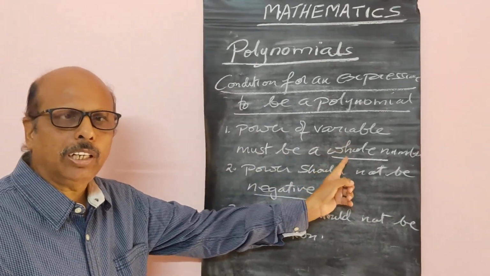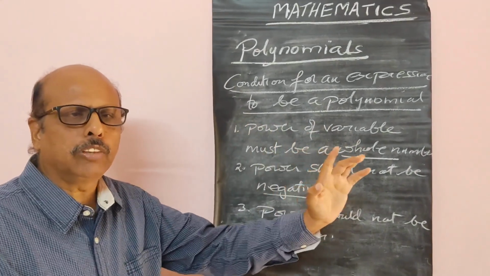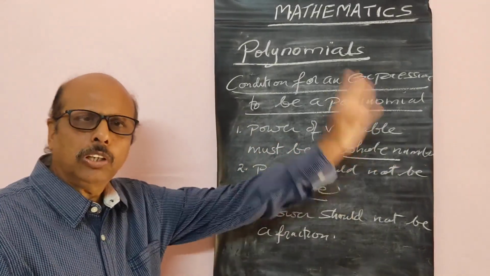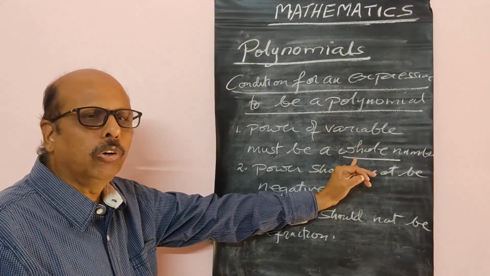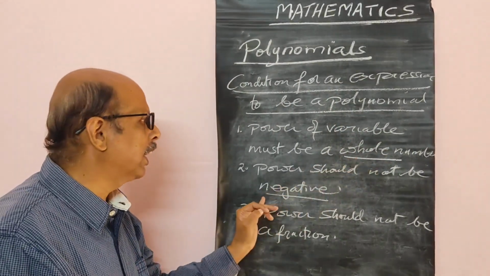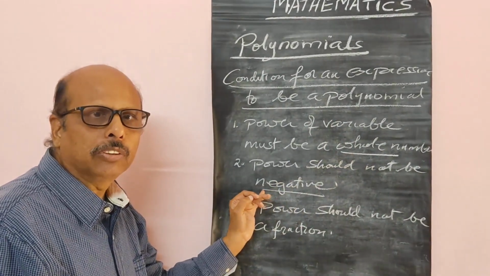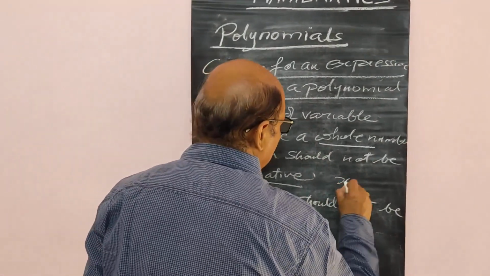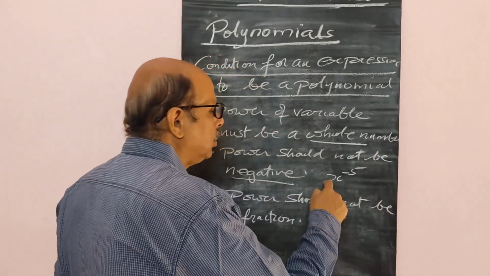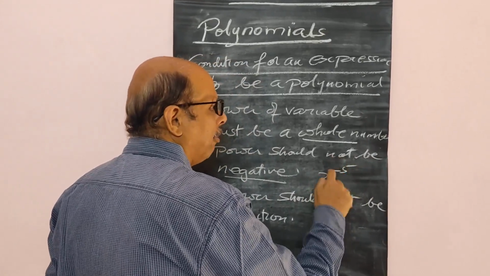Power should be a whole number. What is a whole number? It starts from 0, 1, 2, 3, 4. It can be from 0 to any infinite number. It is to be the whole number only. You should not take an integer, negative values. Suppose I say x raised to minus 5. This is a negative power.